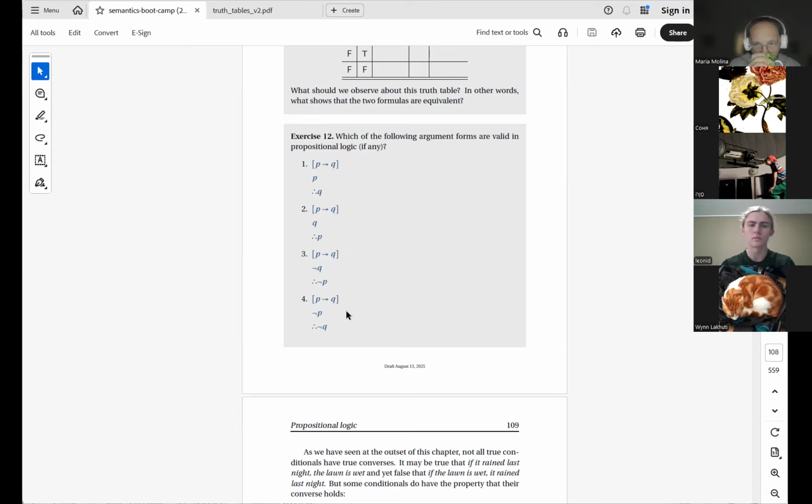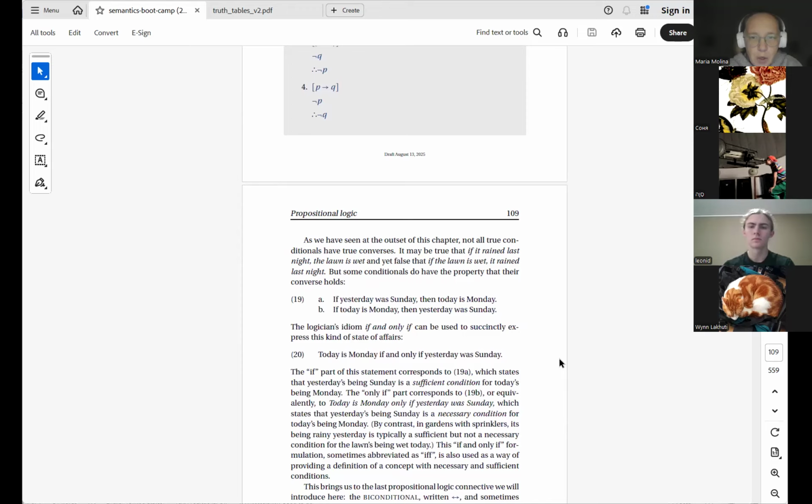It didn't rain. What's negation Q? The lawn is dry. So if it didn't rain, is it necessarily that the lawn is dry? No, since we might have used a hose. Indeed.